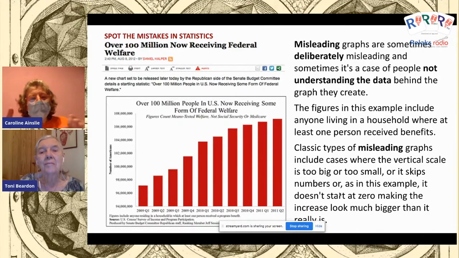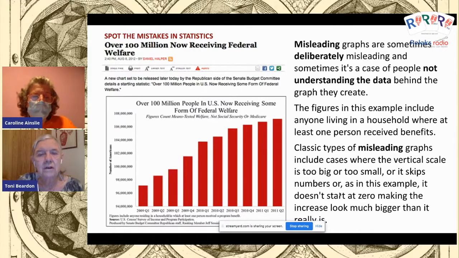And can I just add there, you've got a mistake, you've got a deliberate lie, and you've got ignorance, which is a mistake. You can have somebody who knows what they're doing but makes a mistake, or you can have the vast majority of people that are kind of reporters would come into this category. They're not statisticians. They don't really understand what they're saying, and that's the really worrying thing.